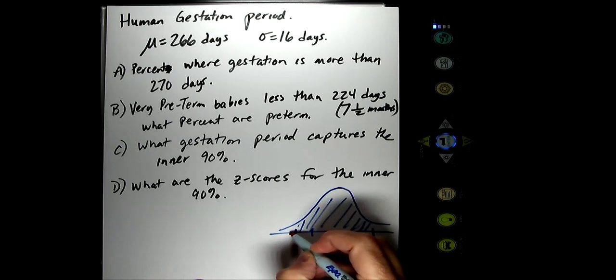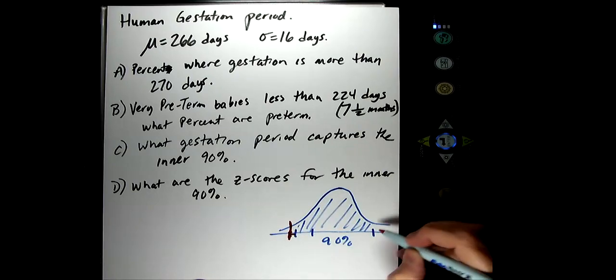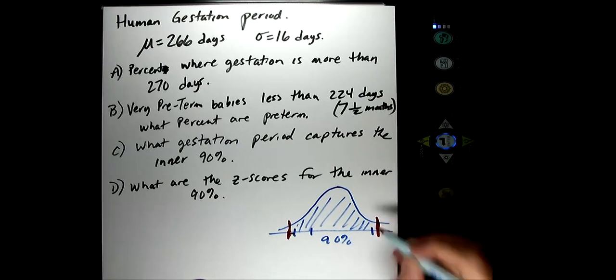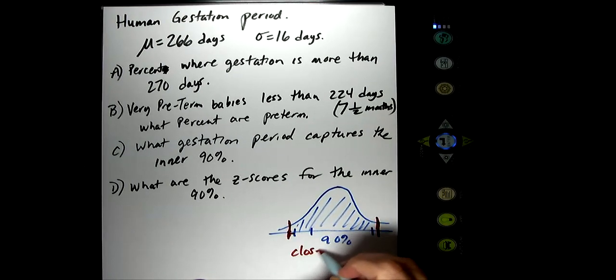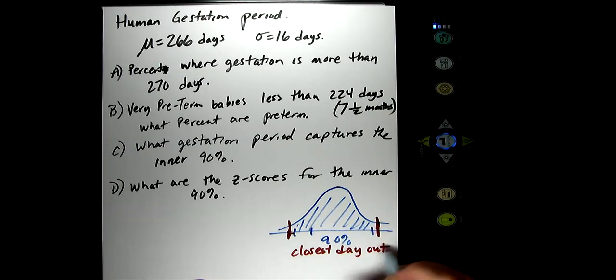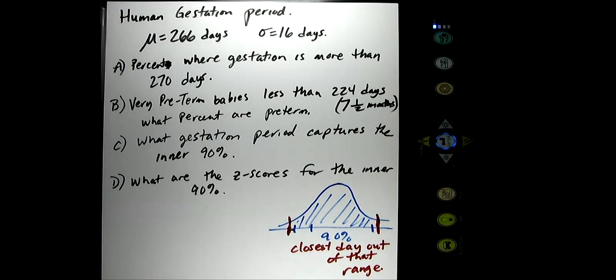Round to the day that's outward, the closest day that's out of that range. You'll see that when we get to C. That way it'll be a little bit higher than 90%, but it's still the 90%.